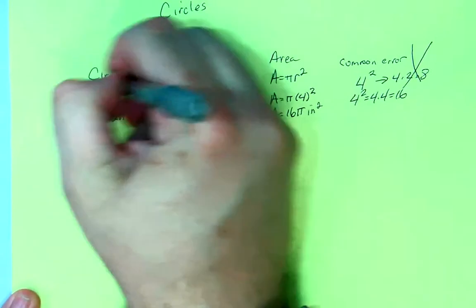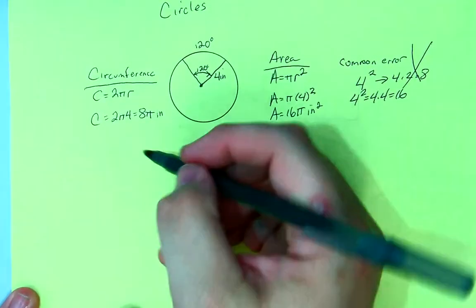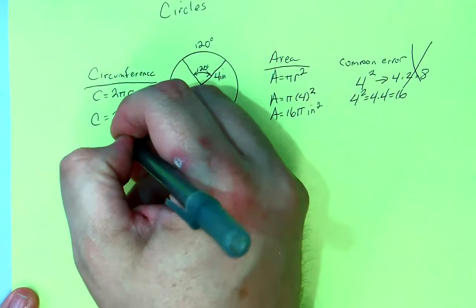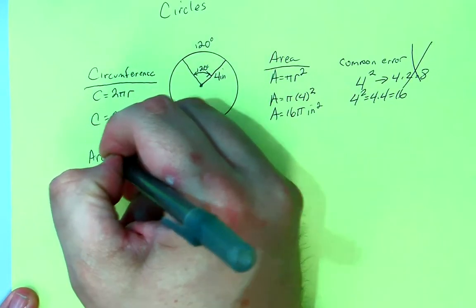Now, when you have your circumference and you've got your area, from the circumference we can figure out arc length.